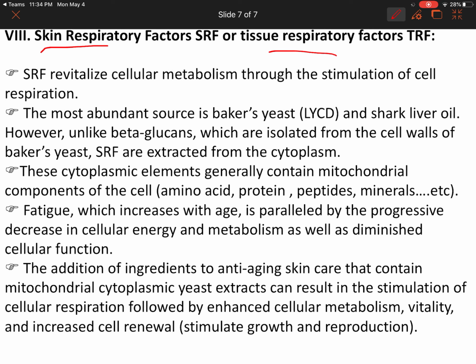It is even available on the market under a trade name, Biodine. It is written as tissue respiratory factor. Biodine, tissue respiratory factor, was patented in 1939. From the name Biodine, bio means life, dine means force. So skin respiratory factor is classified by FDA as a wound healing agent.